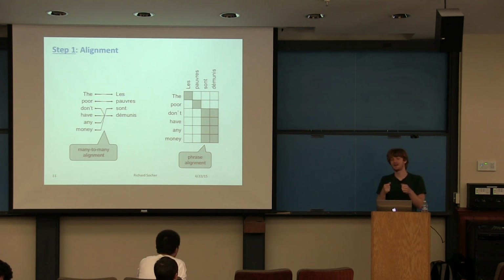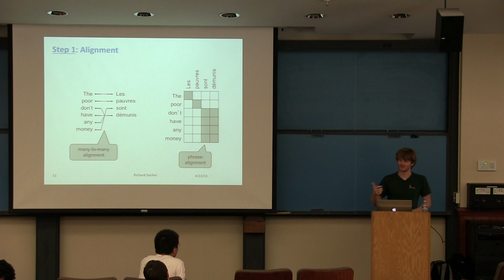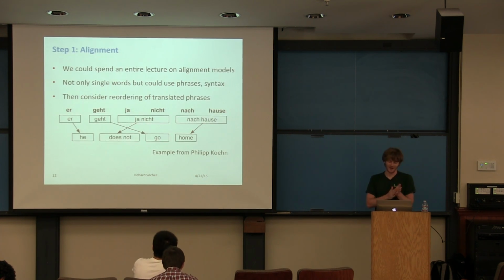Right? In the very beginning, the systems were rule-based. And then some people took the Bible, for instance, which is translated in almost all languages, and just looked at the statistics, and that gave a huge improvement. And I think we're literally living through the time right now where we see those kinds of improvements and that kind of quick overtaking using deep learning. And that's why we don't spend that much time on these traditional systems, and we'll spend most of the time on deep learning, and hence this lecture.